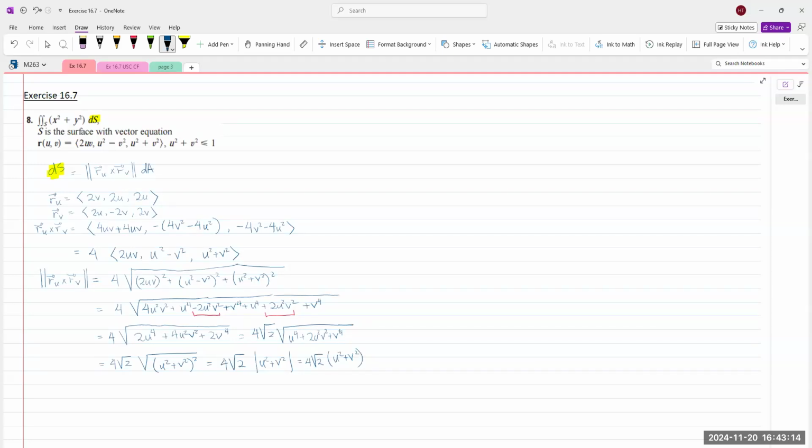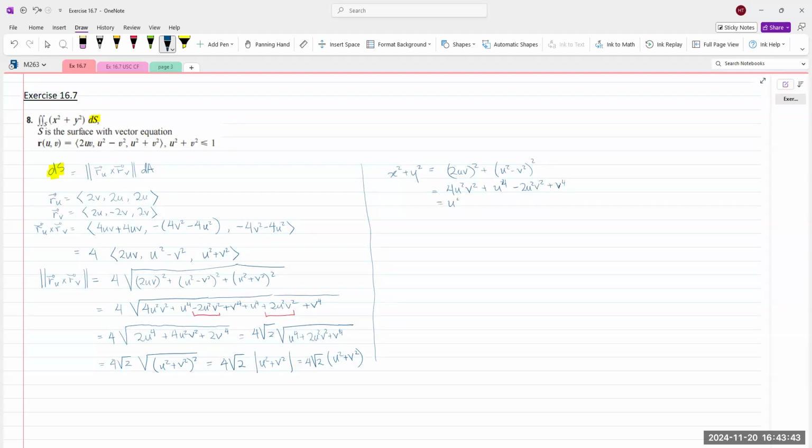Now, how about the integrand? The integrand x squared plus y squared now becomes 2uv squared plus u squared minus v squared being squared, which will give us 4u squared v squared plus u to the fourth minus 2u squared v squared plus v to the fourth.